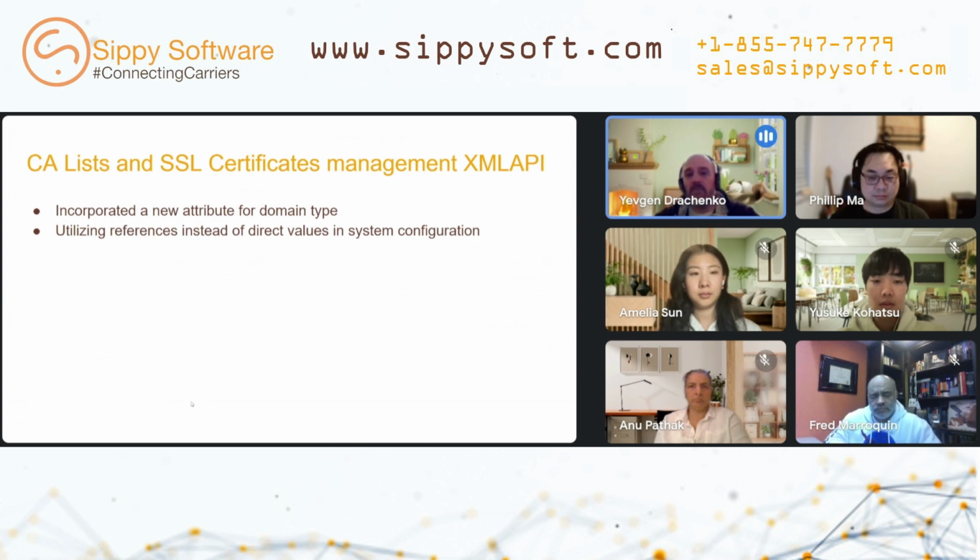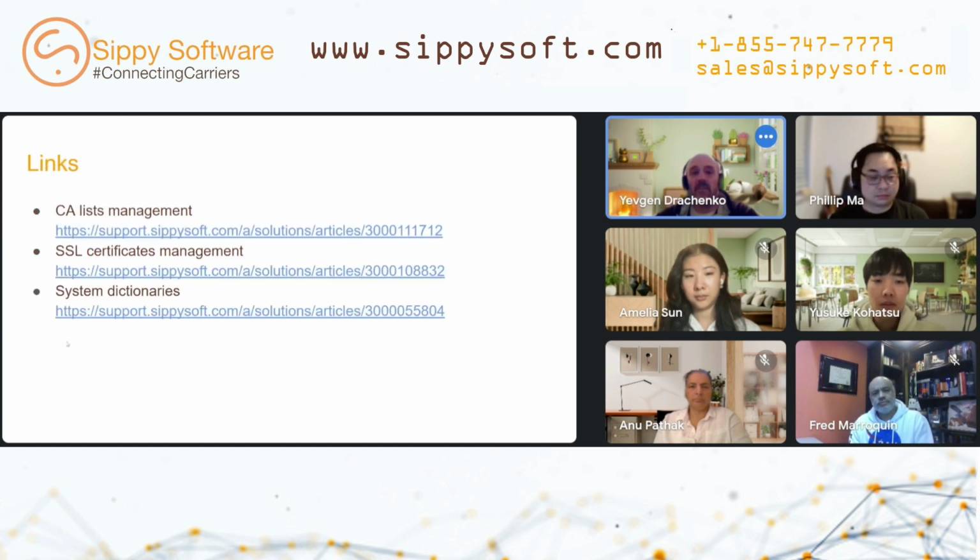Moreover, we optimized the system by transitioning to the use of reference instead of direct values in the configuration, fostering a more flexible approach to system settings. On this page, you can find links to the documentation related to the XML API in question.